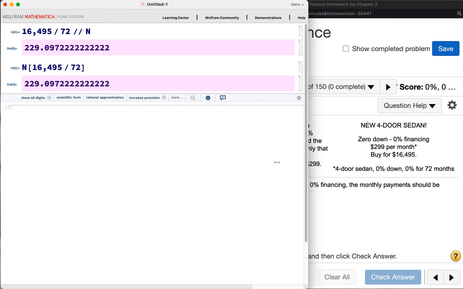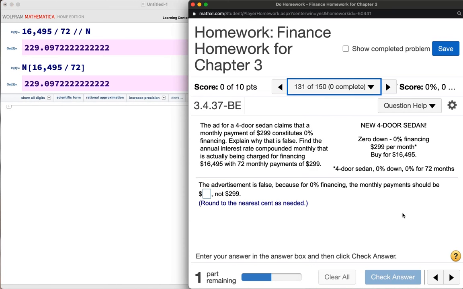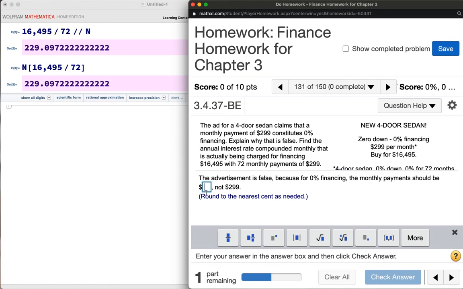So for 0% financing, you would really expect the monthly payment to be $229.10, not $299. So whoever placed the ad actually lied to you.